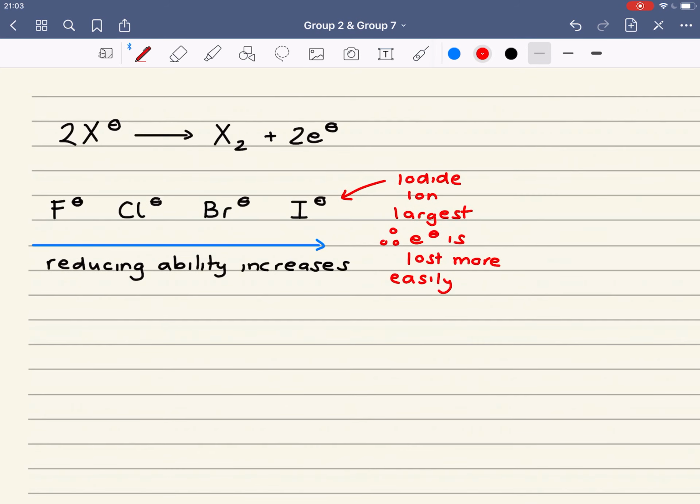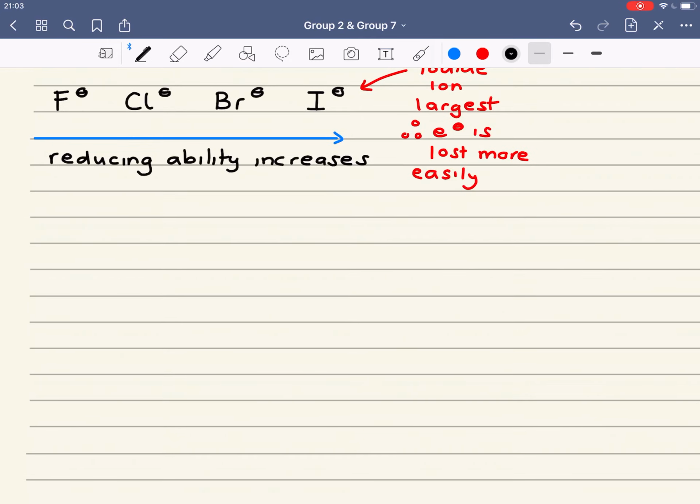So that's the trend in reducing ability as you go down group 7. It becomes easier for the halide ion to lose electrons. And this trend can be shown by its reaction with sulfuric acid.